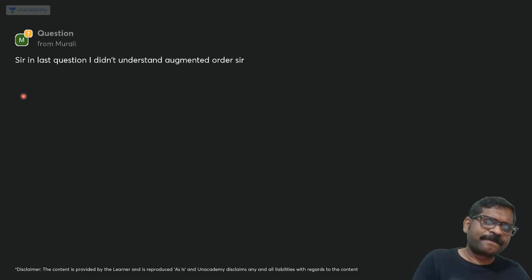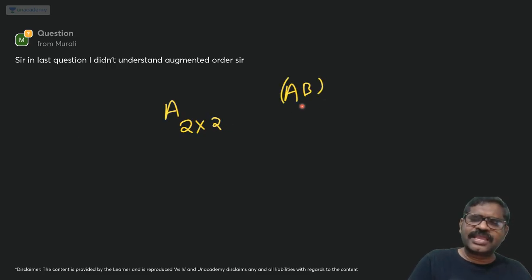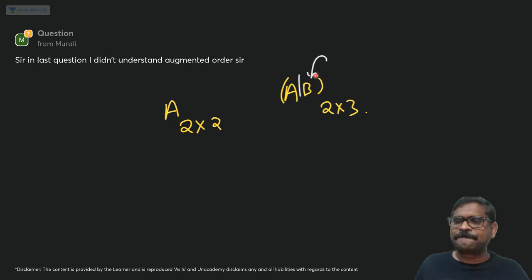Orally, if A is 2 cross 2, AB is 2 cross 3, because one column you are adding to A. Whether question number 6 or 7, you watch the recorded video of the practice course, first lecture. I have covered it already.